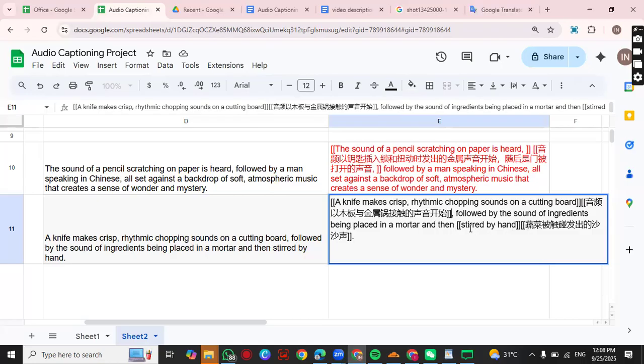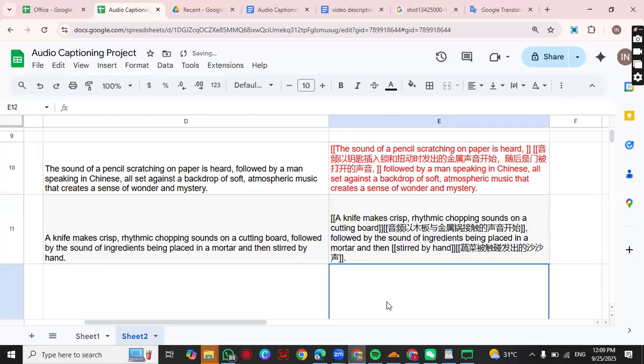They have done this, but they had said then stirred by the hand, which was again a correction, and they did this correction, but this correction was not made. So now you got what we are required to do. Where the sound is not there or they have stated the wrong sound, we have to correct it. So now you got how to correct it.